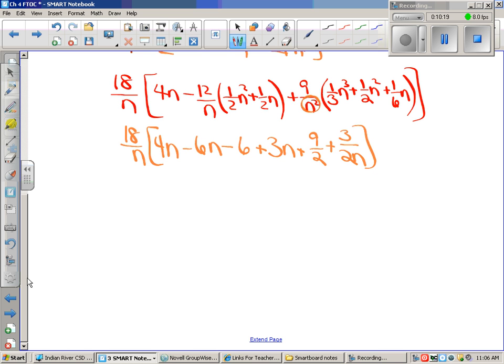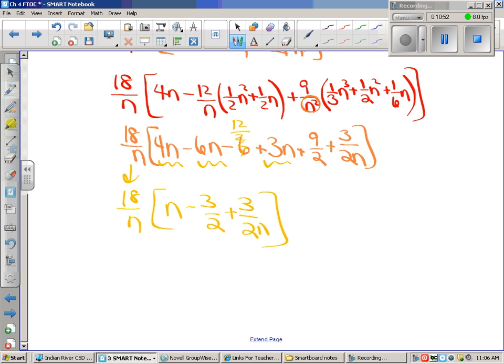So hopefully you all see you got 4n minus 6n, which is negative 2, plus 3n. That's just an n. Negative 6 plus 9 halves. If you have to, remember that's the same thing as 12 over 2. So does everybody follow that that's negative 3 halves? Good? And then you have the last term there, 3 over 2.